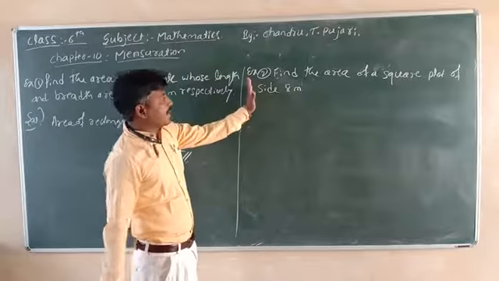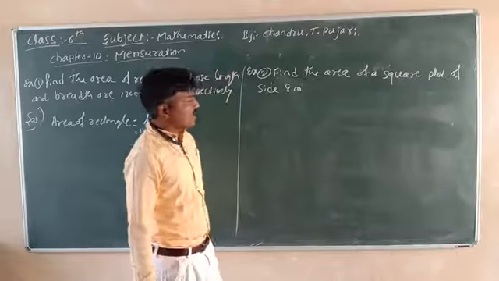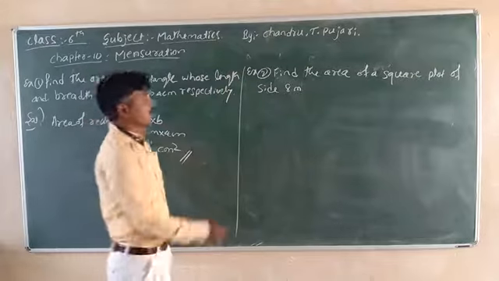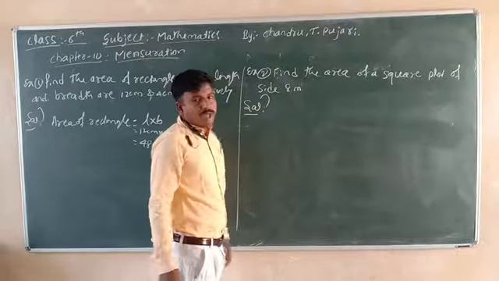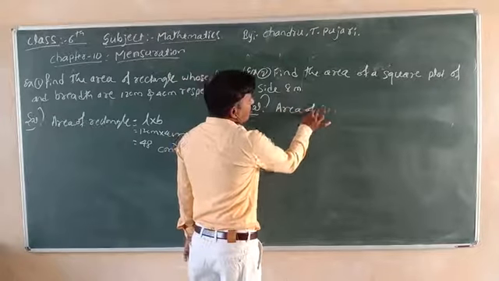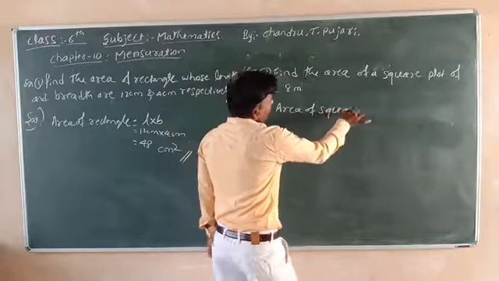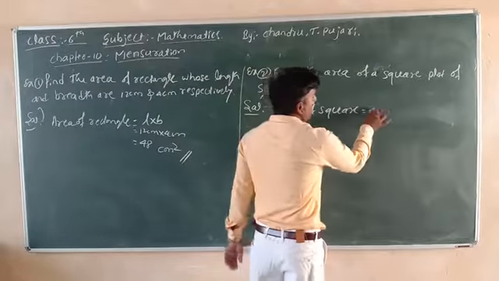Again, in the second example, find the area of a square whose side is 8 meters. Solution: area of a square is equal to side into side. Side into side means a into a.